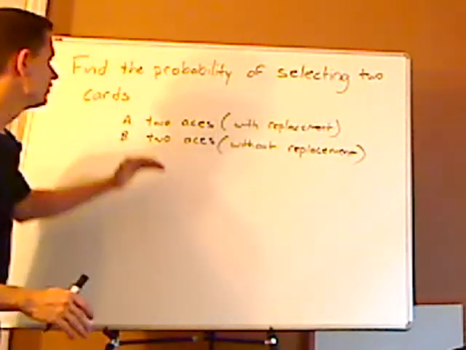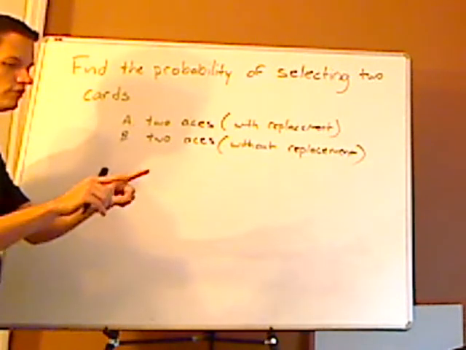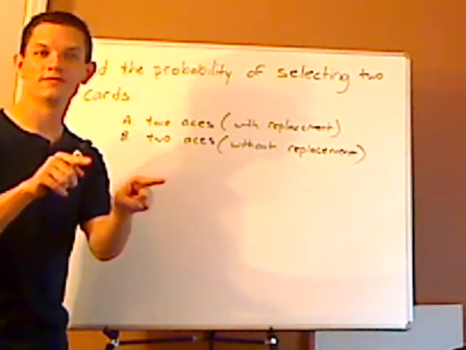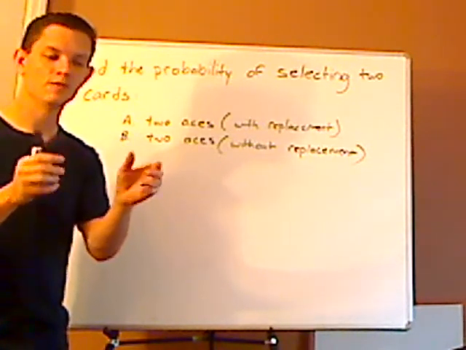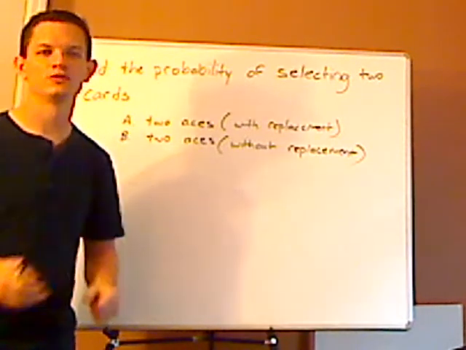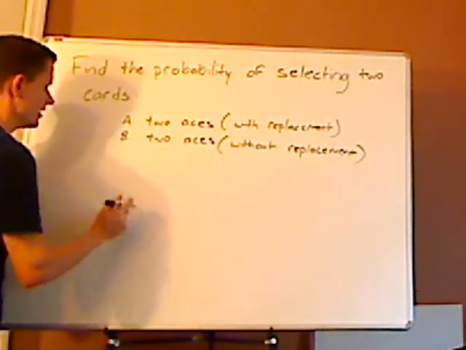So when you look at with replacement, those two choices, you have your first choice and your second choice. Do they affect one another? The answer is no, because you're putting the card, the ace, back into the deck. So they're independent.